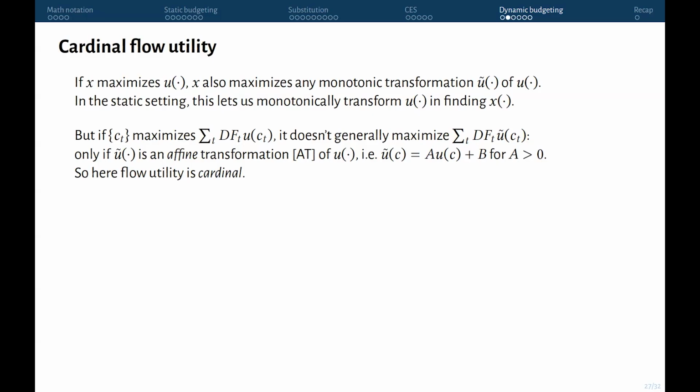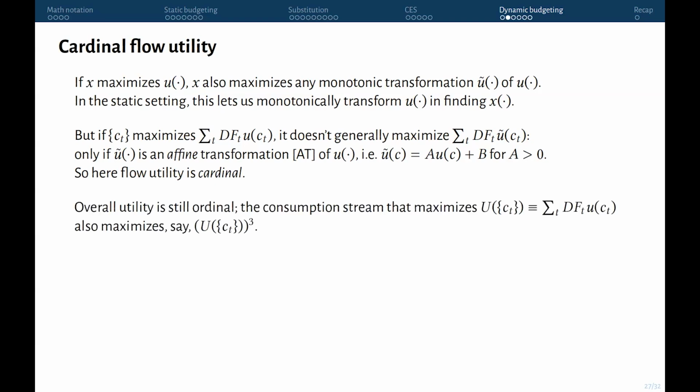But you can't change the curvature within each period. What that means is that flow utility here is a cardinal concept rather than an ordinal one. Now, overall utility is still ordinal here, because the consumption stream that maximizes your overall utility over time will also maximize that original representation of your overall utility to the third power, say.